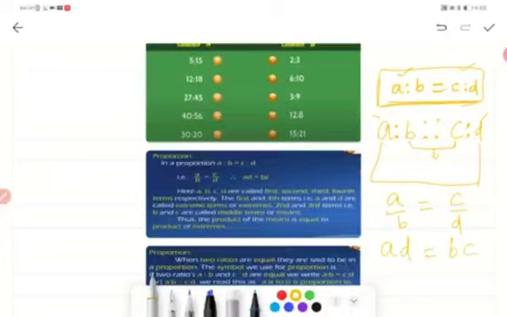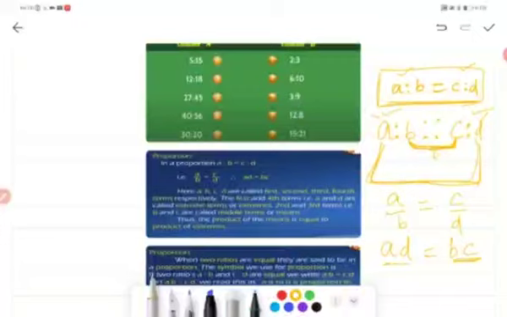That means the multiplication of mean terms or middle terms, that is BC, will be equal to the multiplication or product of extreme terms, AD.